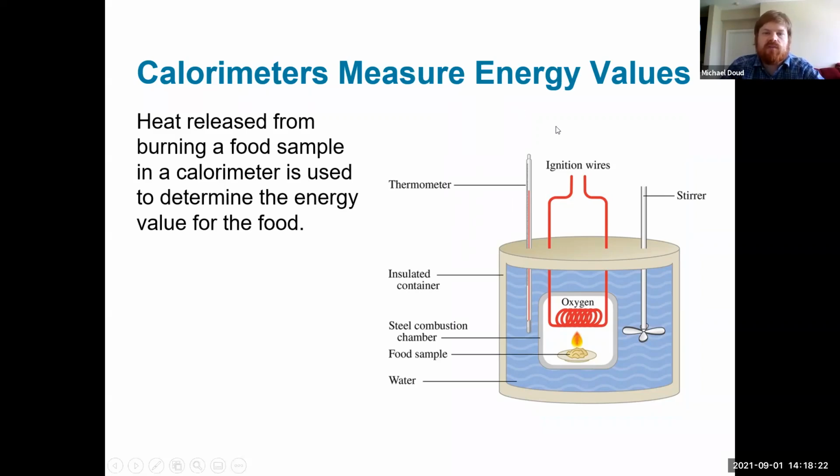Well, we use something called a calorimeter, which of course means calorie measuring device, right? What it actually is, you take a sample of food and you provide a bunch of oxygen, because you're going to burn your food sample. And as you burn your food sample, it's in this little container that's all walled off, so nothing else can come in.